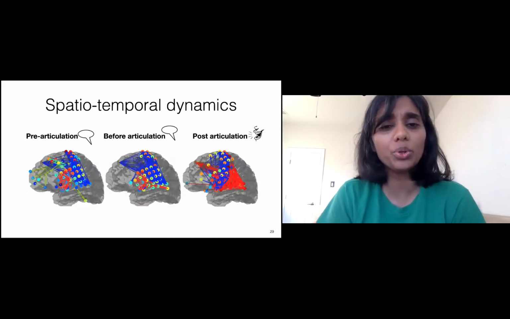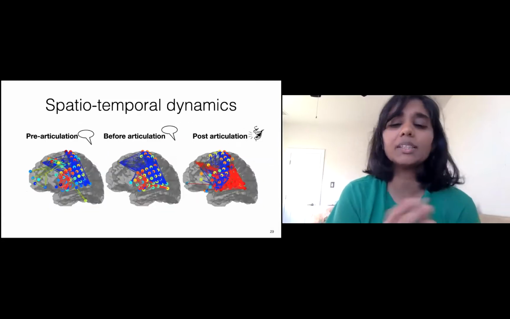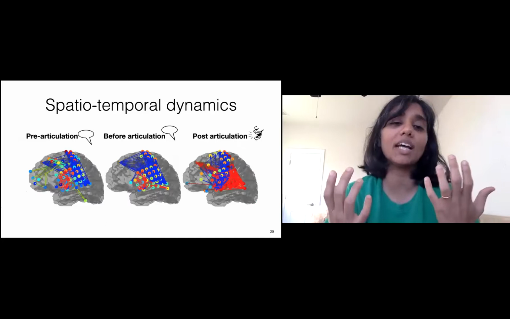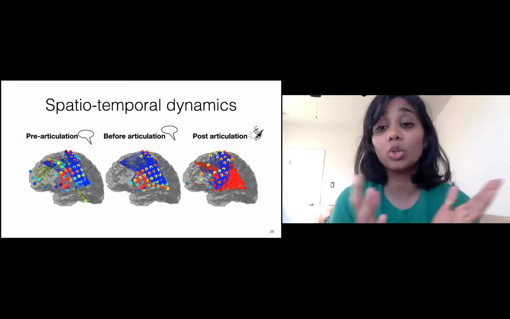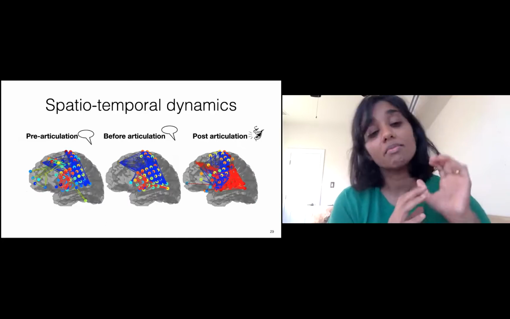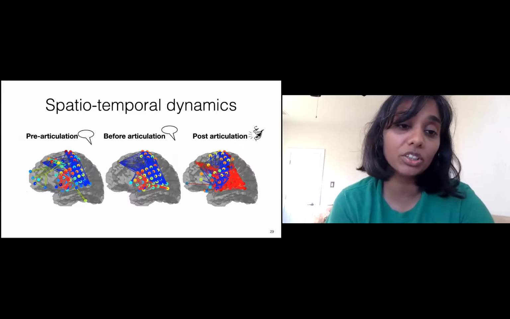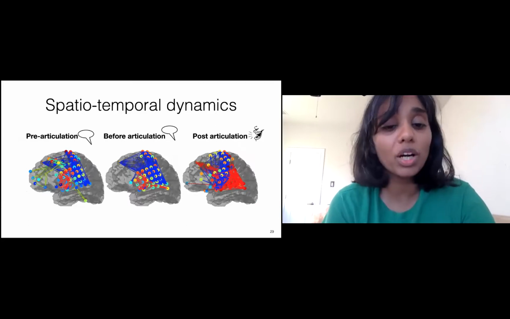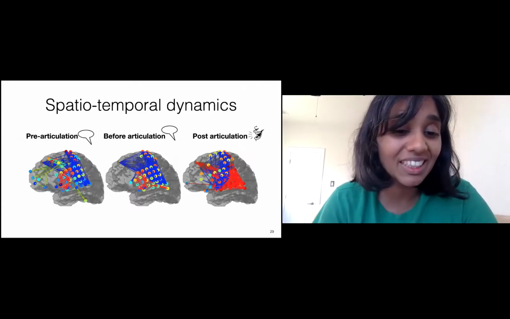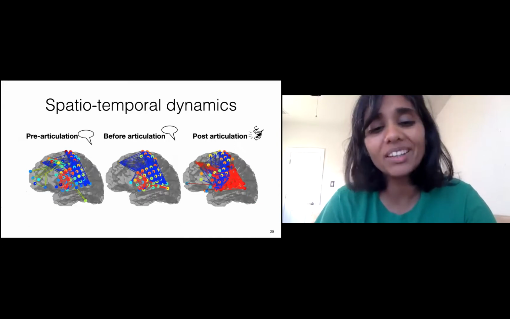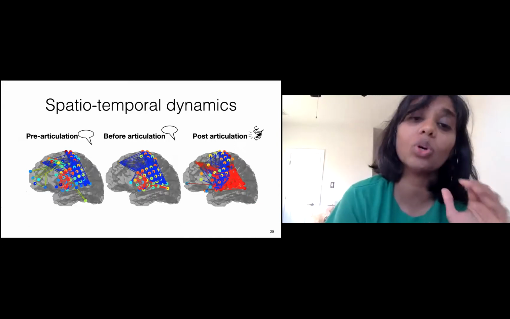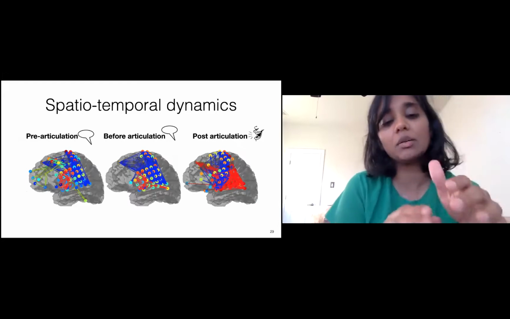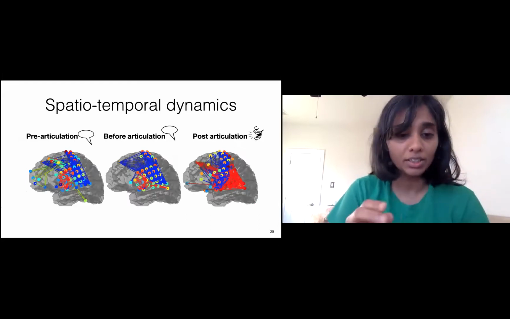I just wanted to show you this, which is maybe visually easy to understand. This is what we get from the Louvain analysis, literally from one of the patients. In the window before articulation, you see the red cluster is right over Broca's region, connecting a bit into the motor areas.